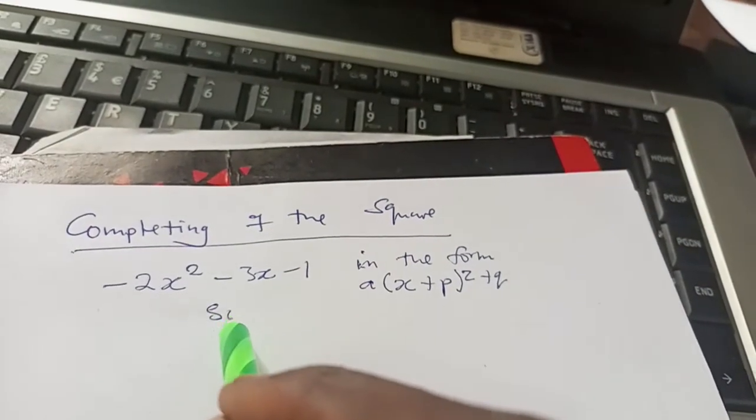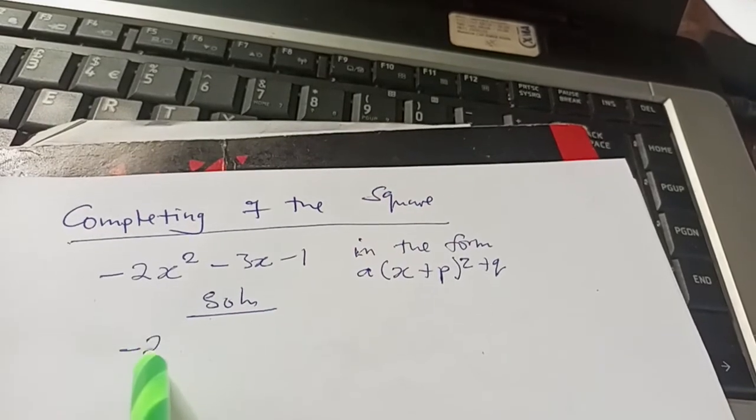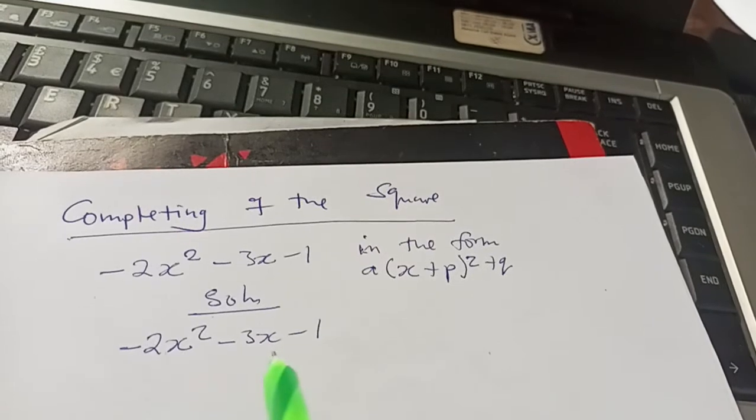So the solution to this problem, negative 2x squared minus 3x minus 1, like that.